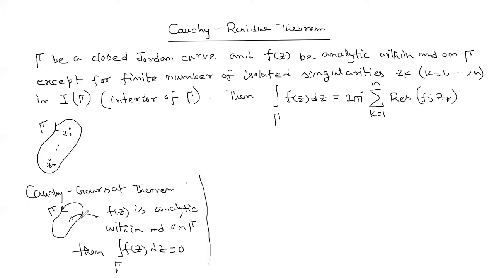Now if there are finite number of singularities situated inside gamma, then Cauchy-Goursat theorem fails, which motivates us to generalize Cauchy-Goursat theorem. Regarding this, we have already done a theorem which is called Cauchy integral theorem.